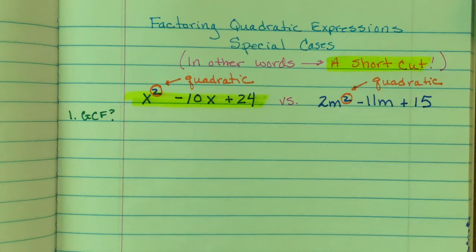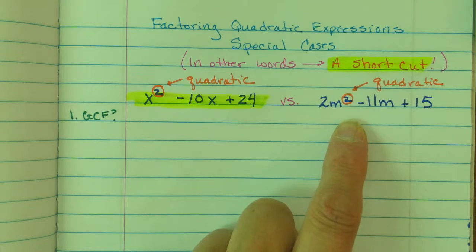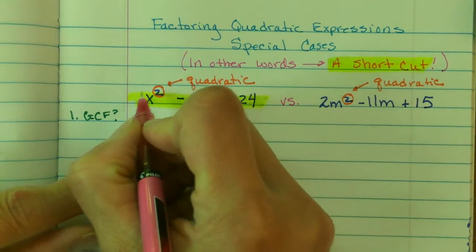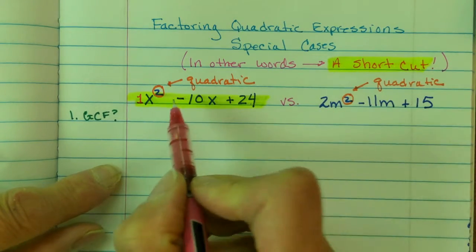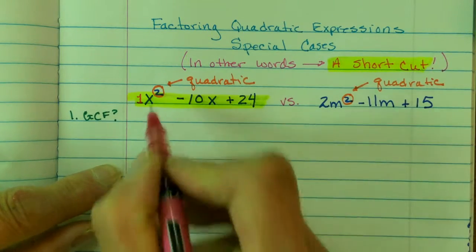So why can we do a shortcut with the one on the left and not the one on the right? The reason we can do the shortcut is because this lead coefficient here is 1. Okay? When our coefficient in front of the x squared is a 1, we can do the shortcut.